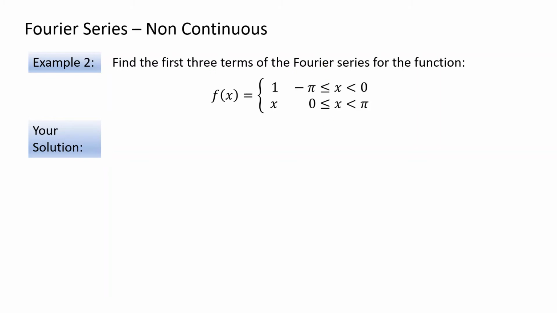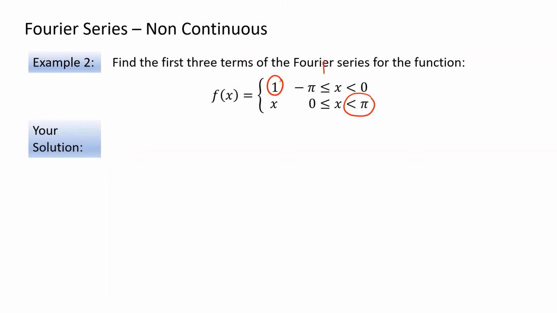So this is a non-continuous function, and what we see is at 0 and at pi or negative pi, the function will jump. In other words, it will not have a value at one of the functions, but have a value at the other function. So at negative pi, f of x is 1, but it's not valid for the second function.